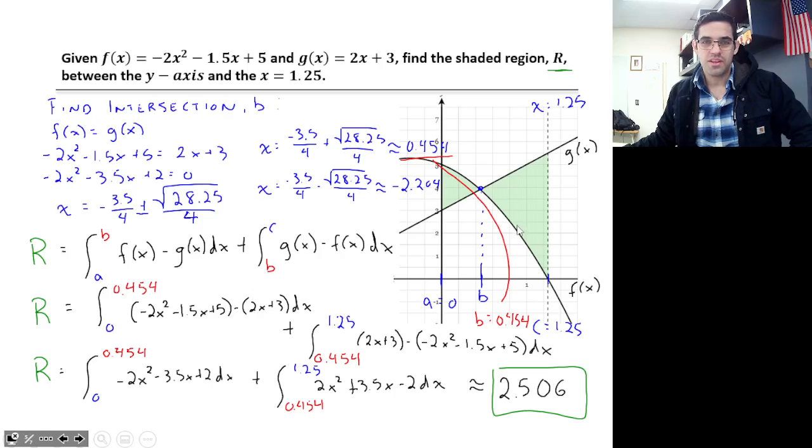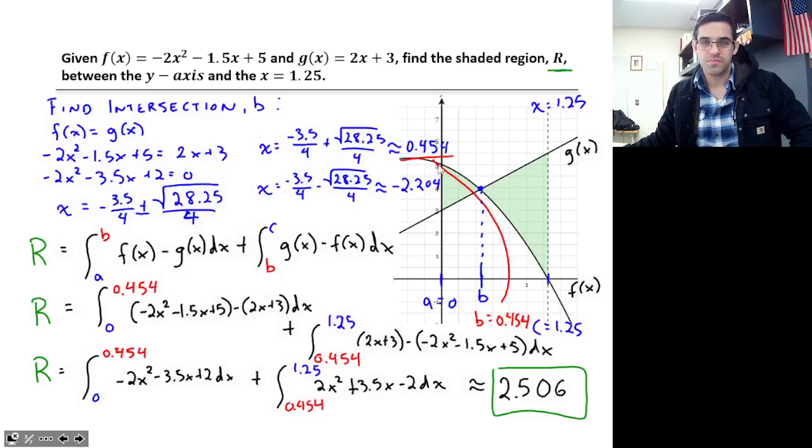So right here we have an example. We have a region that's kind of two pieces. It's bound by x equals 0 and x equals 1.25, and somewhere in the middle they intersect. To find the intersection point, I'm going to set f of x and g of x equal to each other, and it's a little bit nastier of a quadratic, but we can still use the quadratic formula.